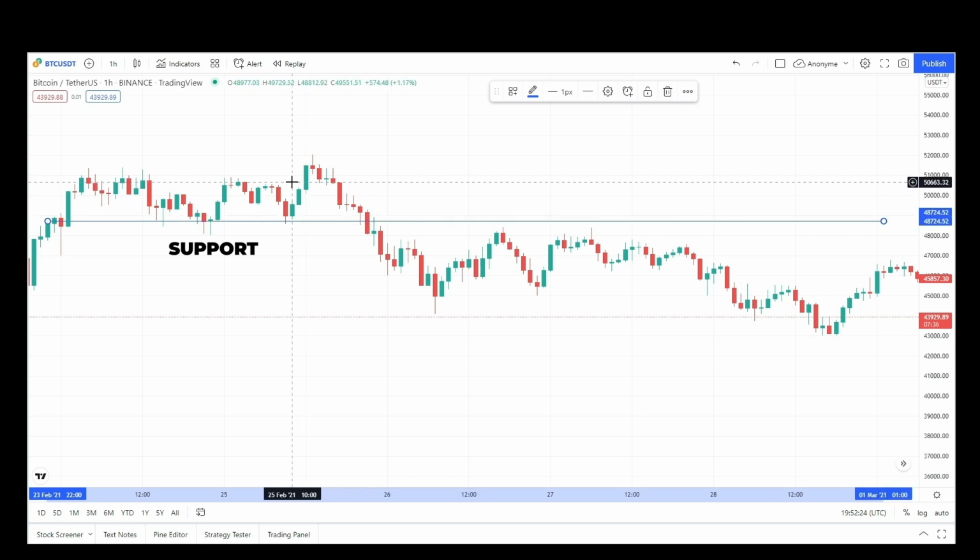And once this support level was broken here, it became a resistance level, and Bitcoin couldn't be traded above $48,000. This is happening because a new generation of buyers who didn't buy when prices were less than $48,000, and didn't have a bullish expectation then, are now eager to buy anytime prices return near the $48,000 level.